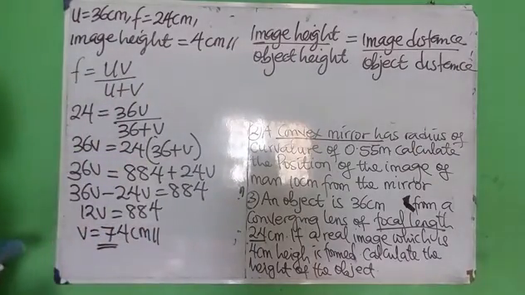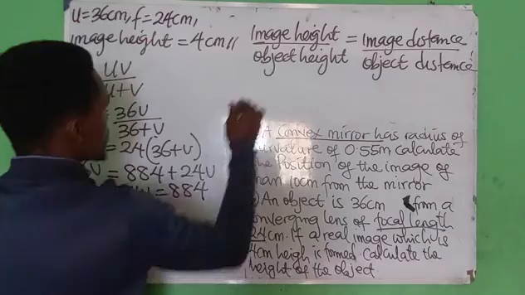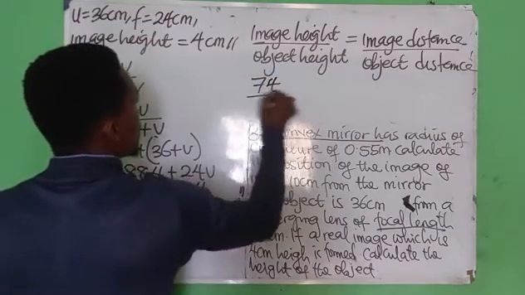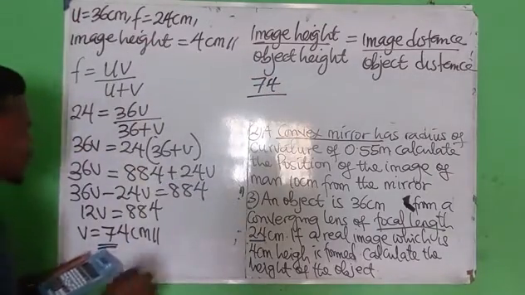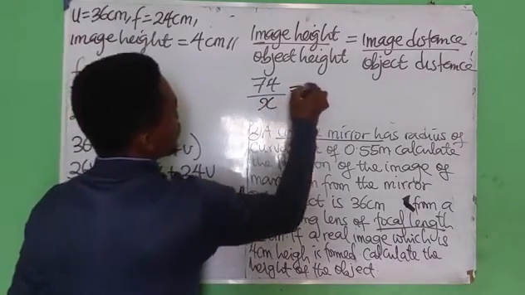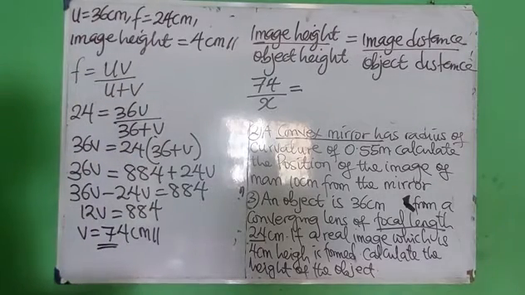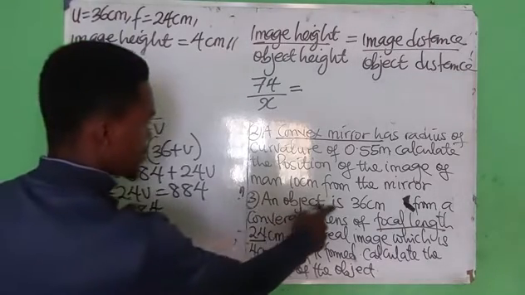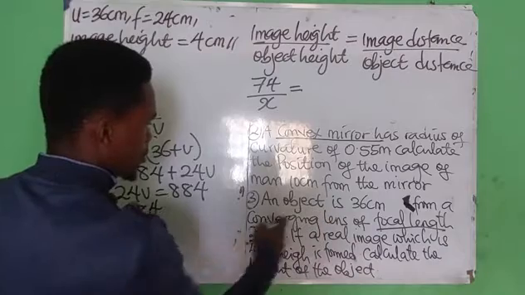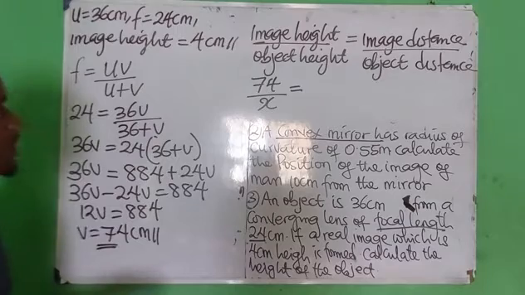All right, the image height as given, I think the image height was given in the question. Image height here is what? We are looking for the object height, and that is X equals image distance. An object is 36 centimeters, okay. But let me check this very well.